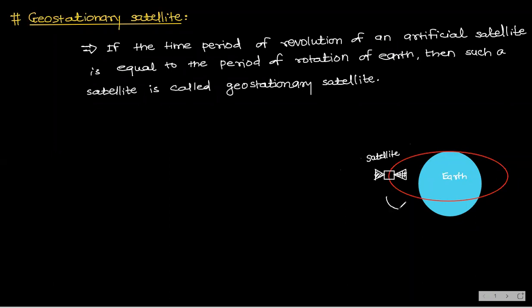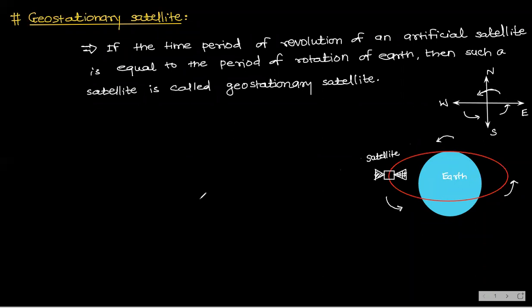How it is moving? West to east like this. ठीक है, in this direction. अगर हम इस एक्सिस की बात करेंगे तो you see here, this is north, south, west and east. तो ये ऐसे घूमेंगे, है ना, इस तरफ से. क्लियर है?